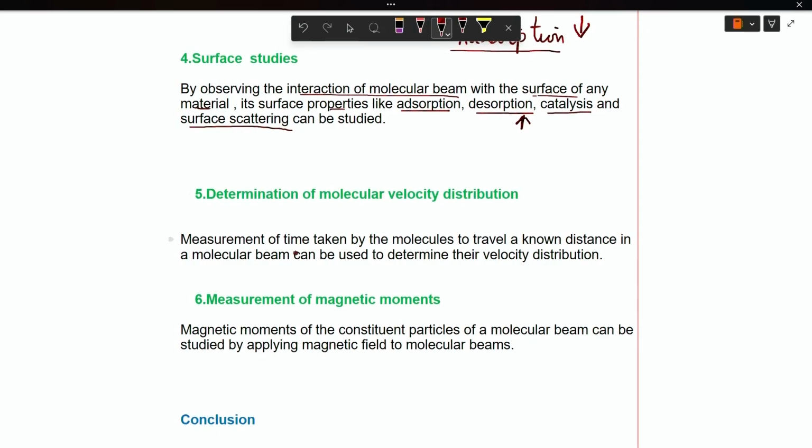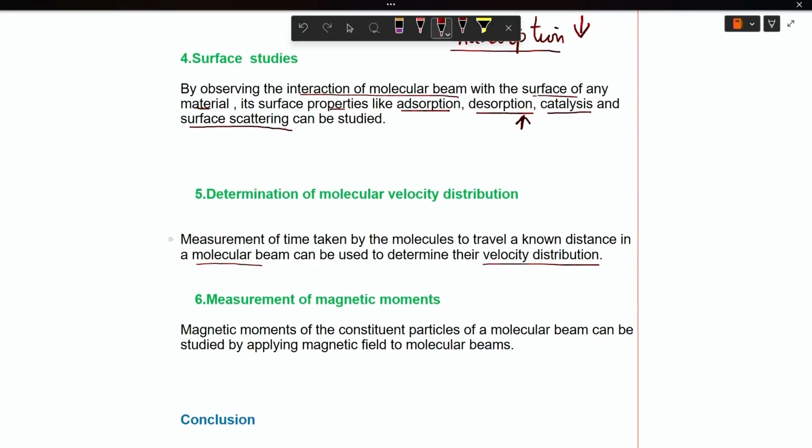Next is determination of molecular velocity distribution. The measurement of time taken by the molecules to travel a known distance in a molecular beam can be used to determine their velocity distribution.